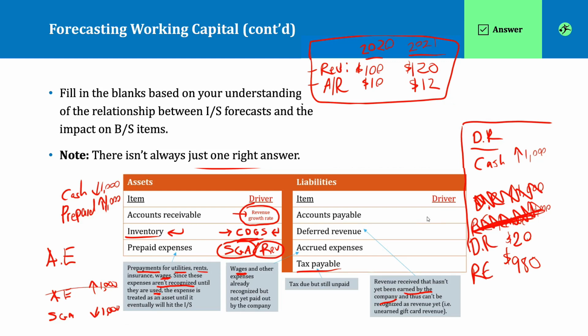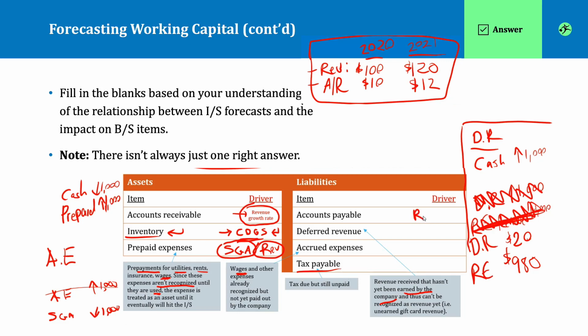Accounts payable. This one's a little bit trickier than inventory, but to some extent, what generates accounts payable is the question to ask. Well, for Apple, most likely the things generating their accounts payable are the money that's owed to suppliers for creating the iPhones, and therefore the inventory relationship, and therefore indirectly the cost of goods sold relationship is probably the best driver, but we don't know for sure.